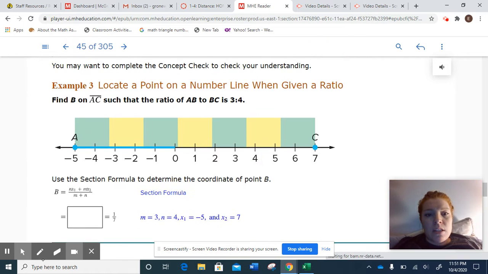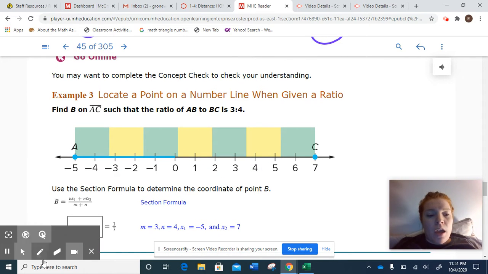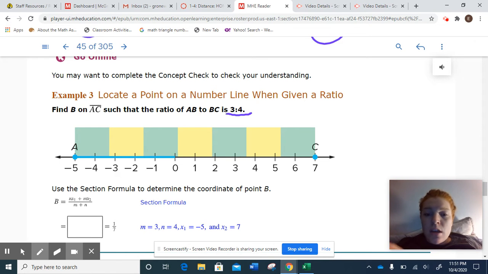So as you can see with example 3, they went ahead and they've already added up the total. In other words, this number line can be represented into 7 sections. And if you look at the sections, they are not nice numbers.